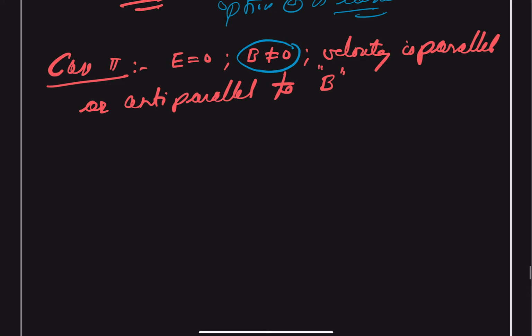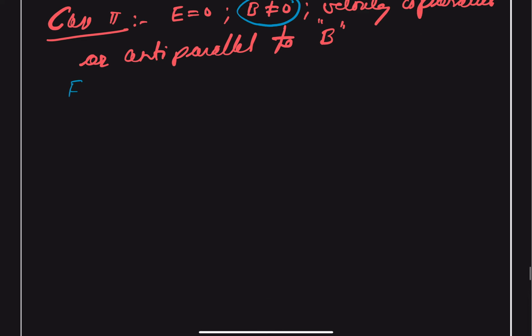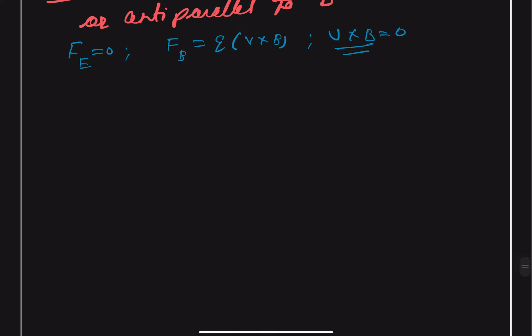So our Fe will be 0, whereas our Fb will be QV cross B. And for V parallel or anti-parallel to B, the cross product is equal to 0. So our magnetic force is also equal to 0.